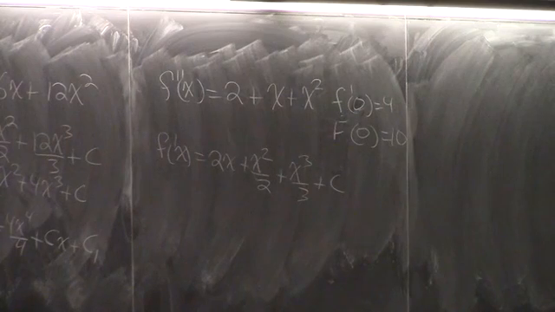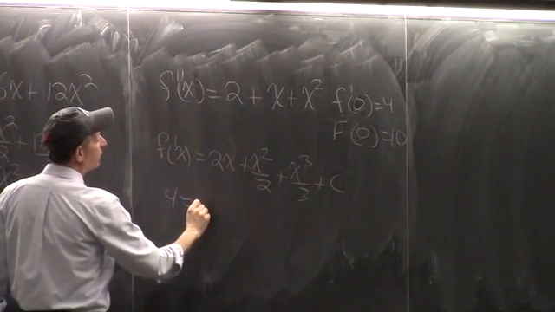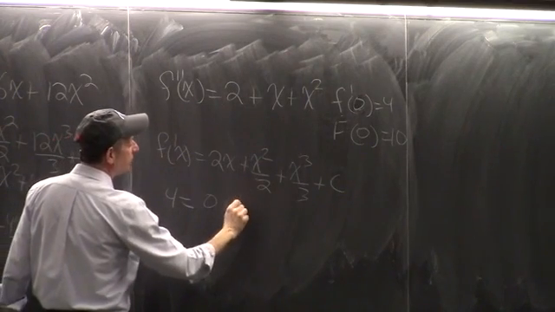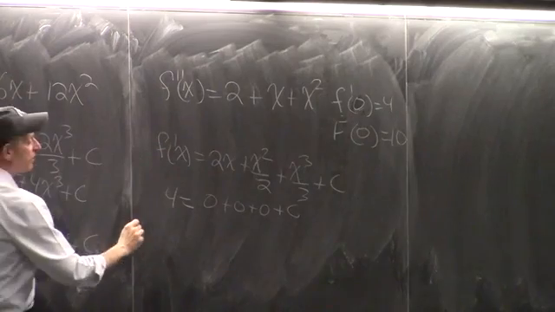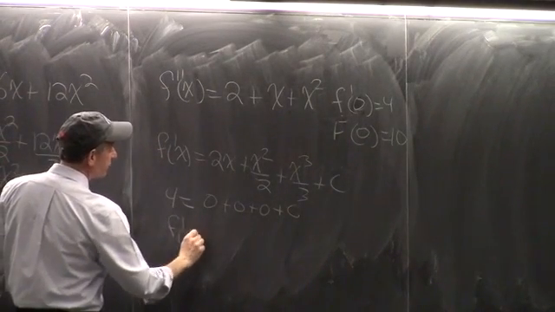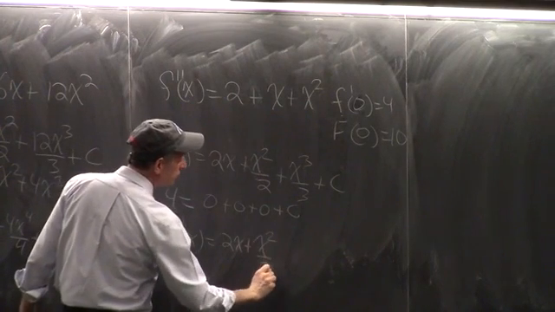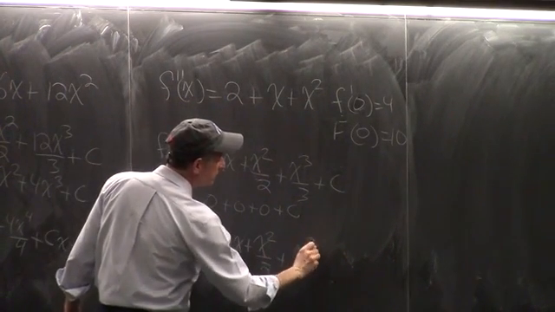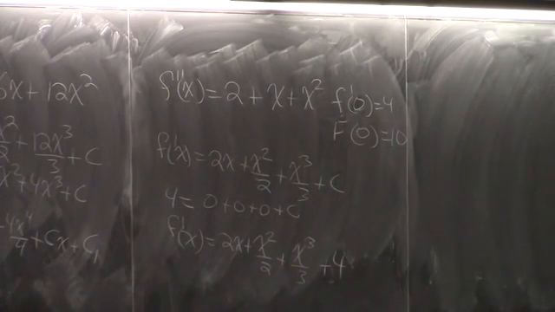And I know when x is 0, this was equal to 4. So 4 equals 0 plus 0 plus 0 plus c. So the first derivative is 2x plus x squared over 2 plus x cubed over 3 plus 4.